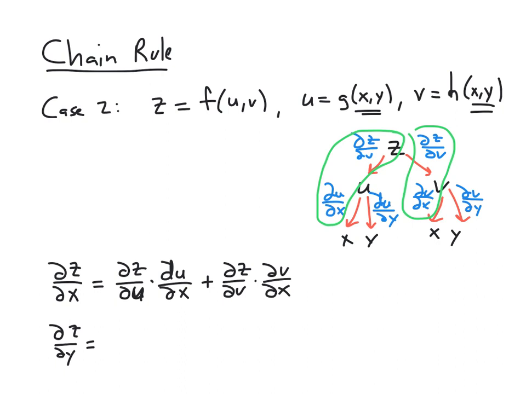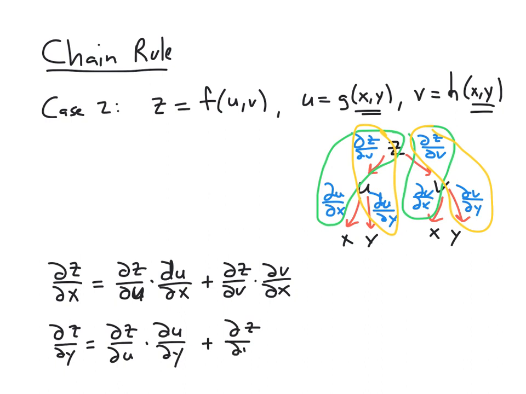Notice that all the derivatives in this equation are partial derivatives because every function in this scenario is a function of multiple variables. For del z, del y, we need to go from z down to y. And so we find a path. There's one there, and there's another over here. And so we'll have del z, del u multiplied by del u, del y plus del z, del v multiplied by del v, del y.